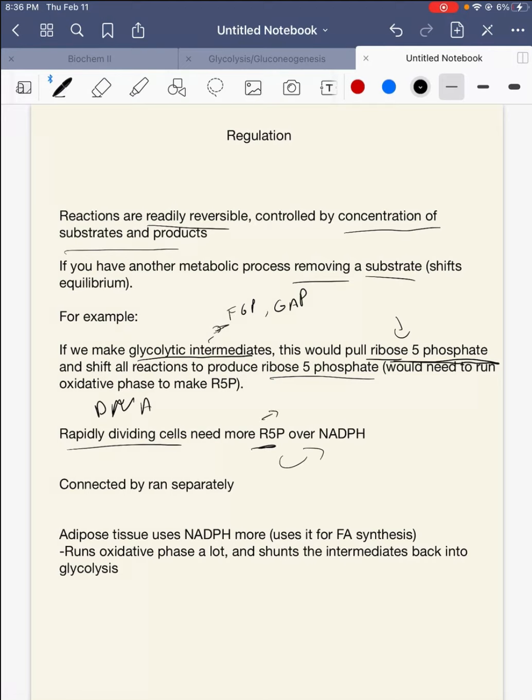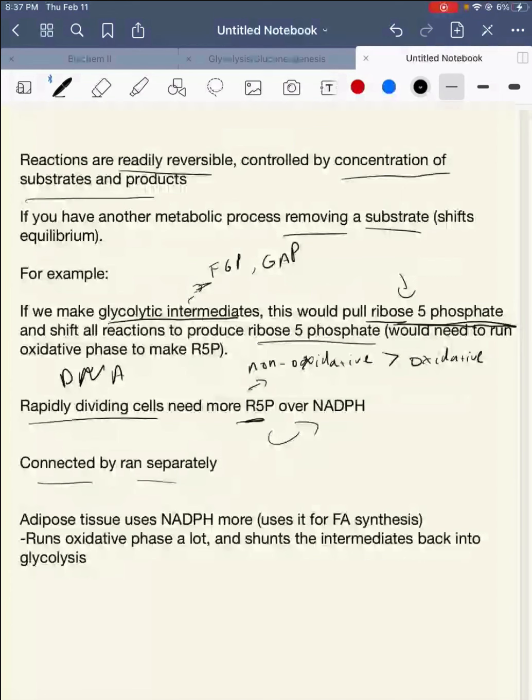So this would favor non-oxidative versus oxidative. That's one way the two phases can be regulated depending on what the cell needs. Like I said, they're connected, but they run separately. So depending on what the cell needs, it will decide whether it wants to make ribose 5-phosphate or NADPH.